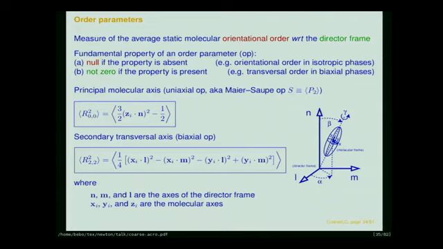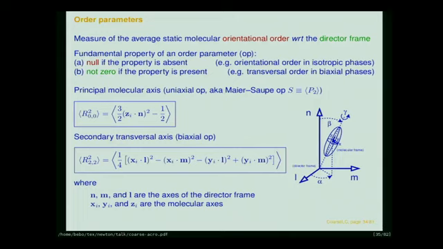The first one we have already seen is the classical Maier-Saupe order parameter, which this morning was represented with an uppercase Q. Often one has uppercase S or P2 because it's the second Legendre polynomial, or sometimes even more complex notation, and it gives the average orientational ordering of the long molecular axis, usually labeled Z, with respect to the principal director of the nematic phase, which is N. So this is enough if one has a uniaxial phase.